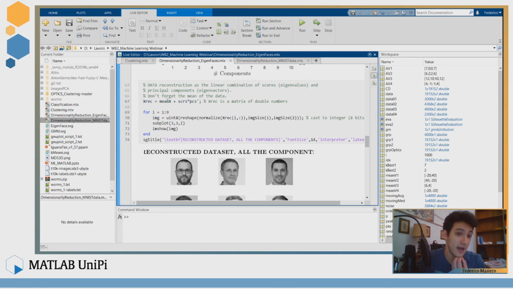Essentially, we add to the mean of our data, that is subtracted when you run PCA, the matrix multiplication between the scores and the principal components.